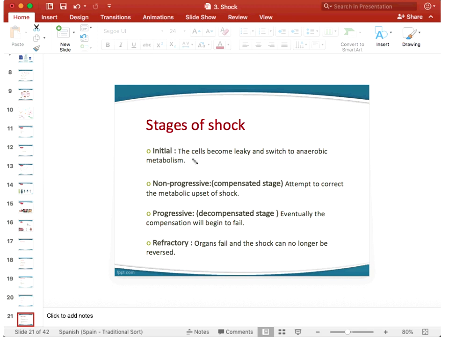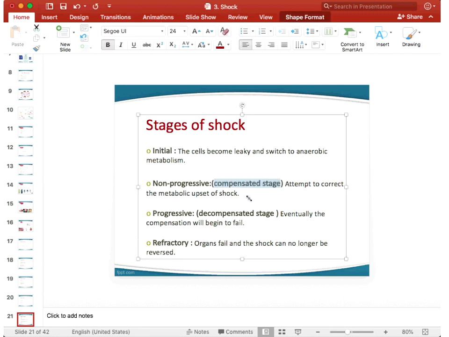So in the initial state, the body switches to an anaerobic state, so it will start forming lactic acid. There's a state in which we can compensate in an attempt to correct this metabolic consumption of oxygen, but it lasts a few hours.